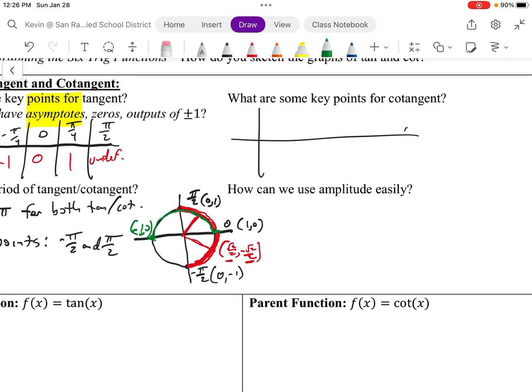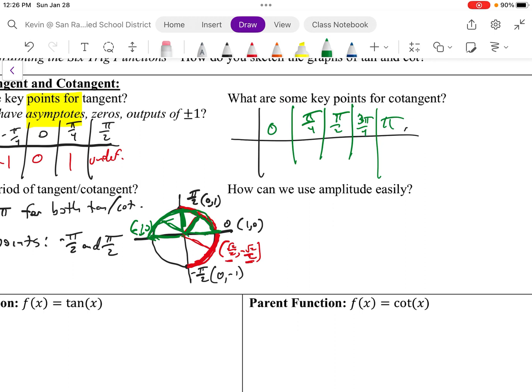So now for cotangent, we're dealing with the first and second quadrant, and we're dealing with 0 to pi. And then again, we're going to split this up into pi over 4, pi over 2, and 3 pi over 4. So that's here, here, here, and here. So that's our cotangent moments.